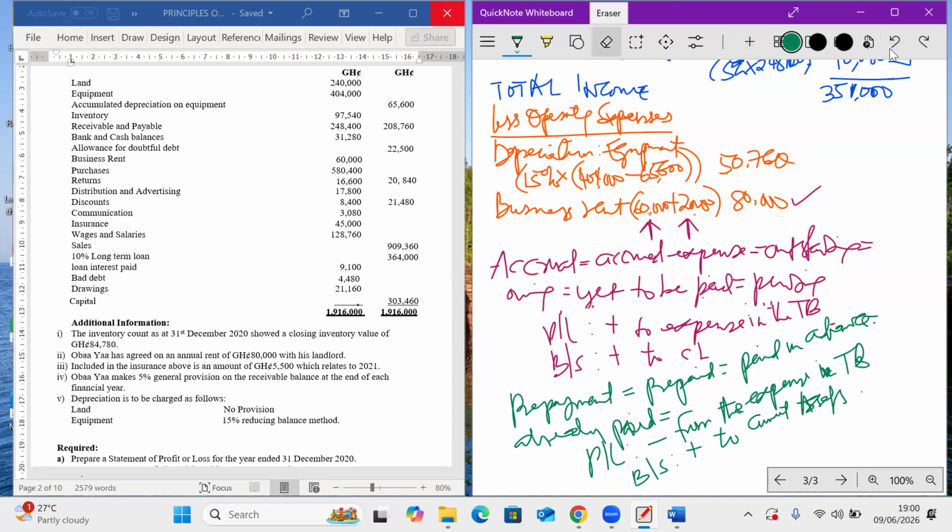Accrual is the same as accrued expense, the same as outstanding, the same as owing, the same as yet to be paid, the same as pending. P&L, add to expense in the trial balance. Balance sheet, add to current liability.